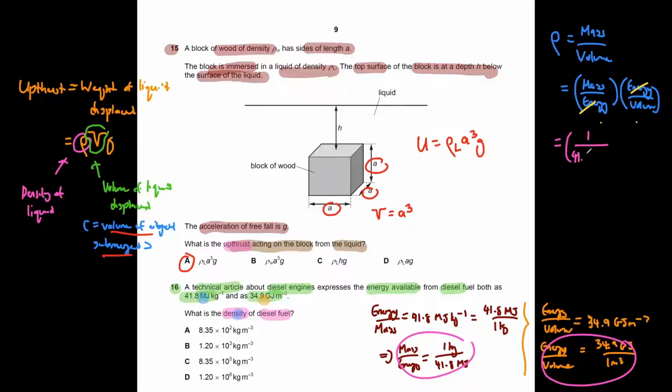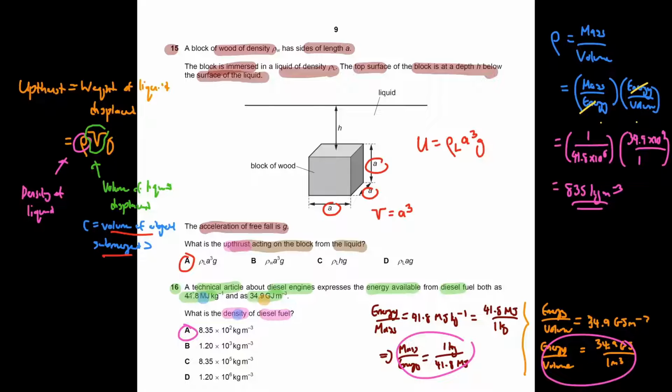So don't forget the prefixes. Then multiply with energy per unit volume. You get 34.9 times 10 power 9 divided by 1 meter cube. So eventually you get the answer as 835 kg per meter cube. So answer is actually A. Okay. So that's for this one.